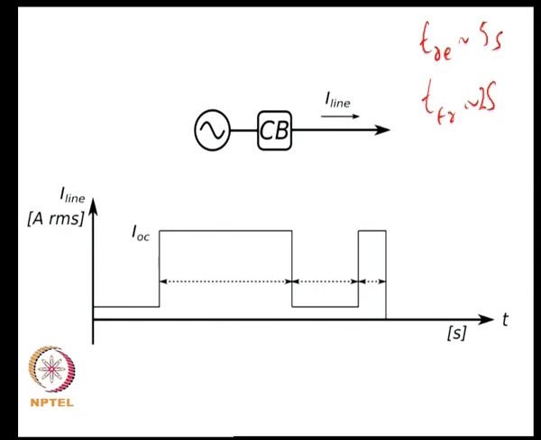Say this could be a situation where you had a source, you had a circuit breaker, and you have current flowing in the line, and that is what is shown in the plot below, where at some particular point your current went up and you have an overcurrent which caused your M to have a value much greater than 1, and at that particular value of overcurrent your trip time is 2 seconds.